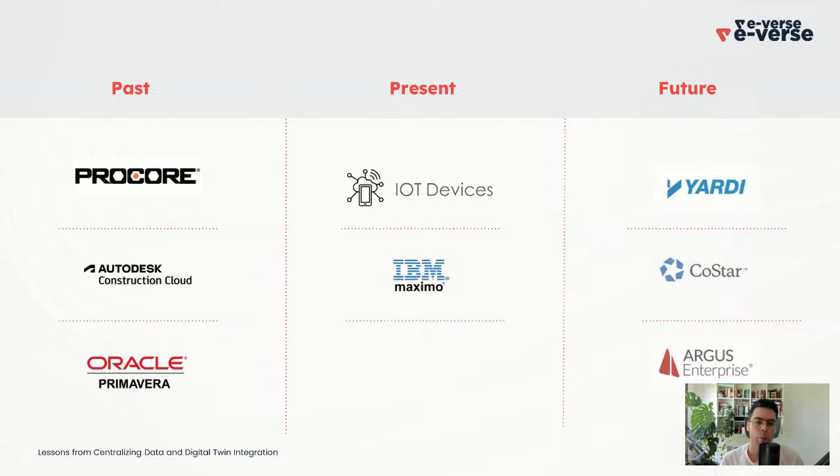Then the present, which is how you can improve the management of your current buildings. And then they were already using tools like Yardi, CoStar or Argus Enterprise to manage their portfolios, and also to try to get more projects on sales in the future. So it was a big challenge to integrate the whole ecosystem.